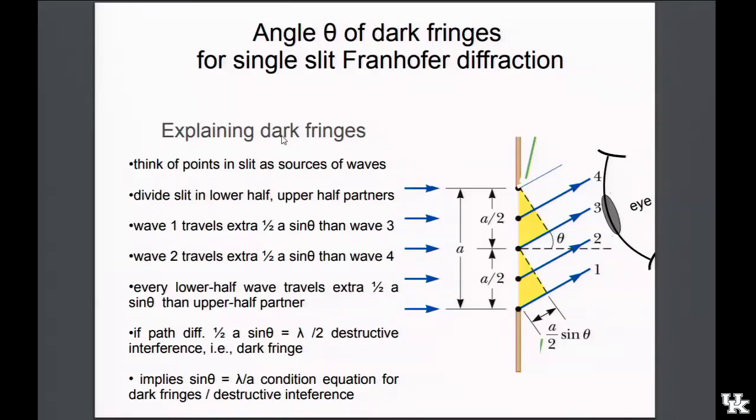That means that if I multiply this equation by 2, just to simplify it, if sine theta, the direction that you're viewing the light from the slit, is equal to the wavelength divided by the slit width, you're going to get destructive interference. You're going to get what we call a dark fringe. And so this is how we understand the fringe pattern from a single slit. It's governed by this little equation here, sine theta equals lambda over a, that tells you where the dark fringes are, that tells you the direction of the destructive interference.